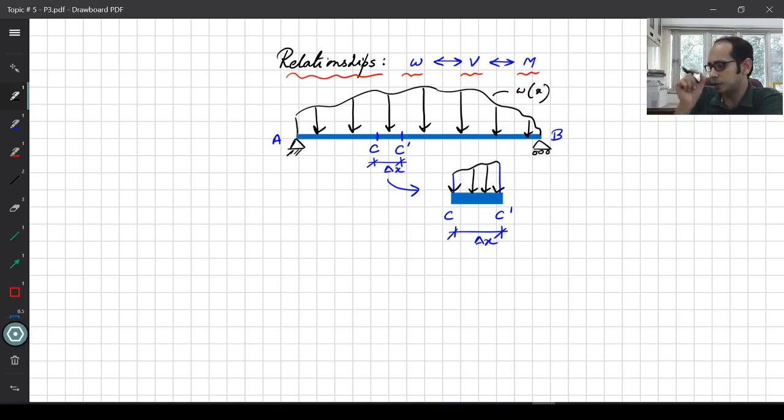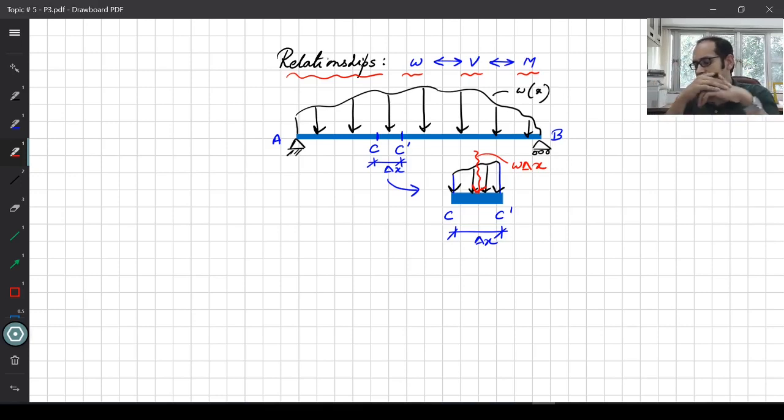So let's say I represent this entire load as an equivalent load with a magnitude of W times delta X. Okay. So now we have separated this small section over here.